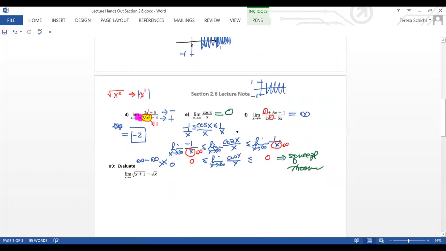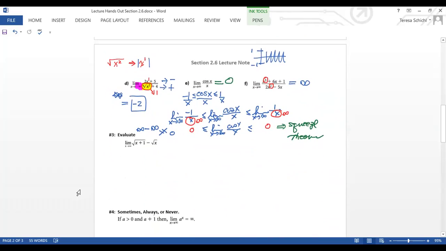This is infinity minus infinity, right? So I want to get rid of that. So the way we do that, we say, okay, this is a limit x approaches infinity, right? This is the function here: the square root of x plus 1 minus the square root of x here. So what I need to do, hey, let's try to times the conjugate, right?